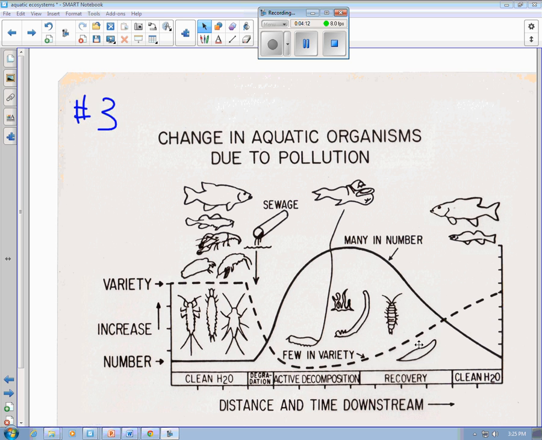So if you were taking a sample from a lake and all you found were 30 leeches and nothing else, you might conclude that water isn't so healthy because you're just seeing one variety, but quite a few of them. And then again, over time, water will recover largely because probably the bacteria have decomposed the sewage, and that will allow dissolved oxygen levels to come up, which will allow for a nice variety of living things again.